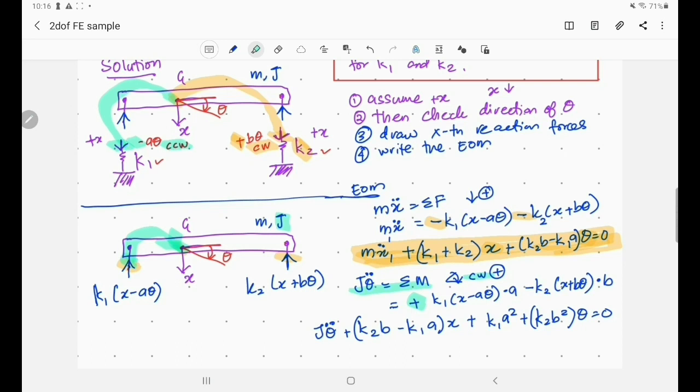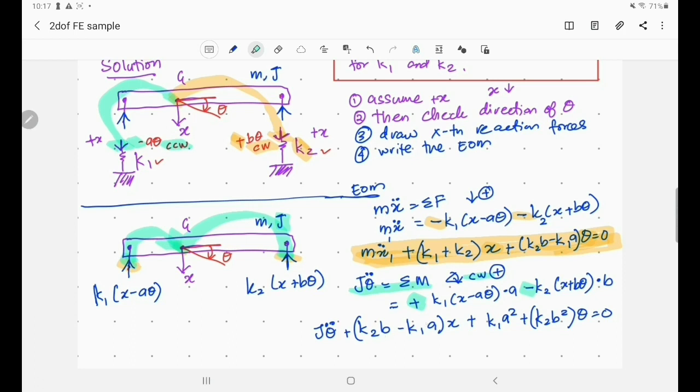Same for K2, you look at the arrowhead with respect to the pivot point. So this one is positive, and K2 is negative, because it's counterclockwise.